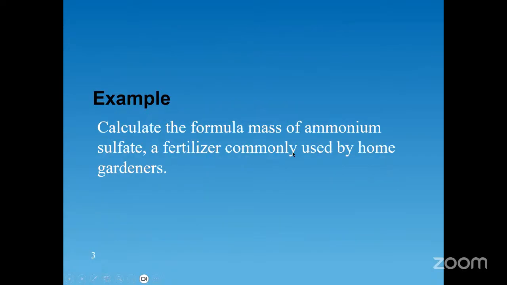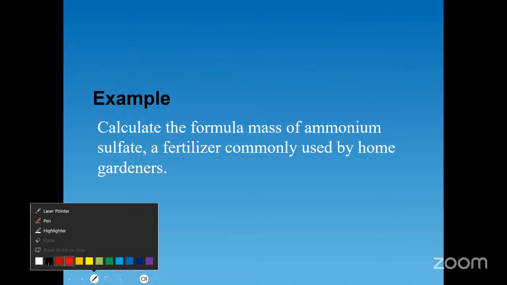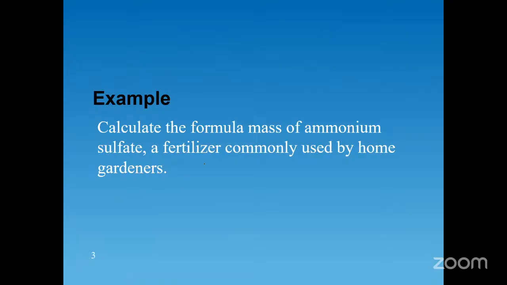Just to give an example, if you're asked to calculate the formula mass for ammonium sulfate, the first thing you're going to need is the formula for ammonium sulfate, right? In this case, the formula for ammonium sulfate is (NH4)2SO4, right? So what you'd have to do now is look up the atomic mass for nitrogen, which is 14.01 AMU.